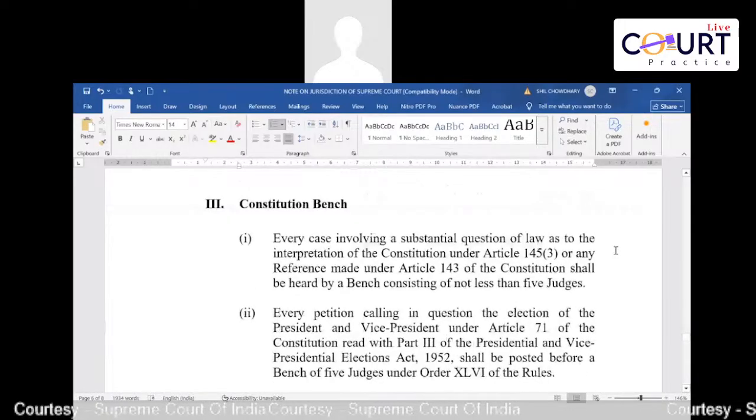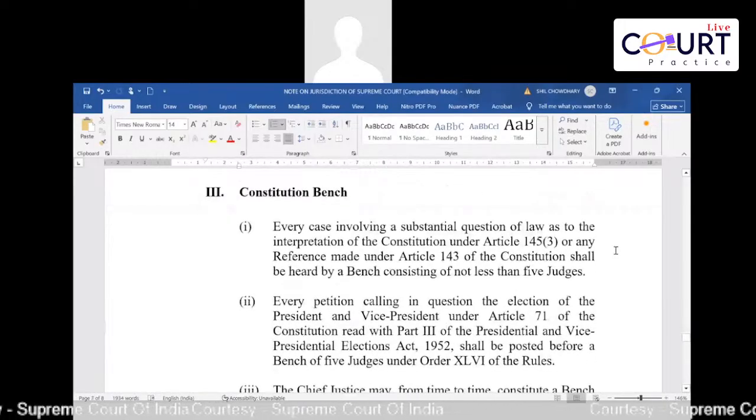Now, what matters are taken by the Constitution bench? Every case involving a substantial question of law as to interpretation of the Constitution under Article 145(3) or any reference made under Article 143 shall be heard by a bench consisting of not less than 5 judges.